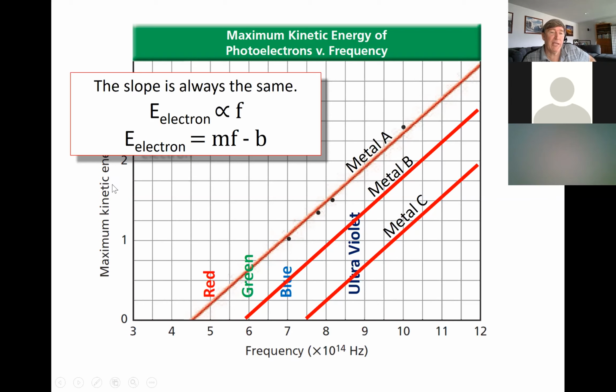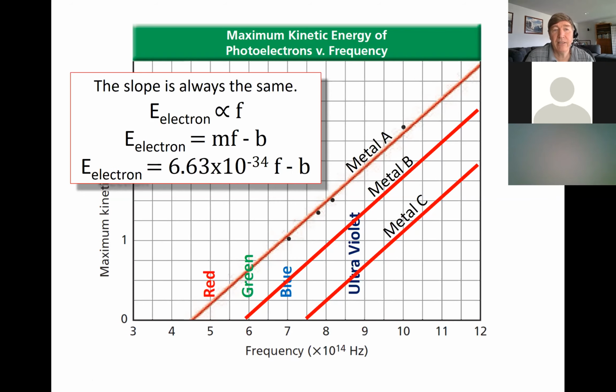So if I were to change the unit here so that my y-axis is joules, then the slope of this line, if I were to calculate numerically what it works out to be, it turns out to be 6.63 times 10 to the negative 34. And it doesn't matter what metal I'm using, it's always going to be the same.